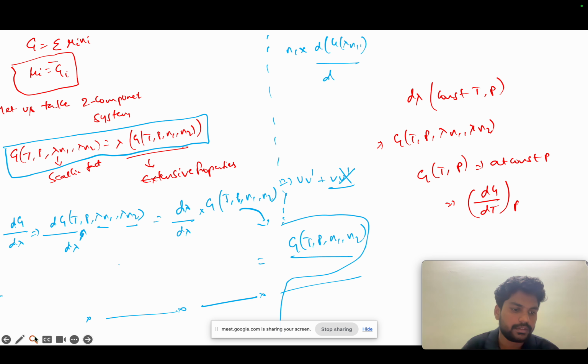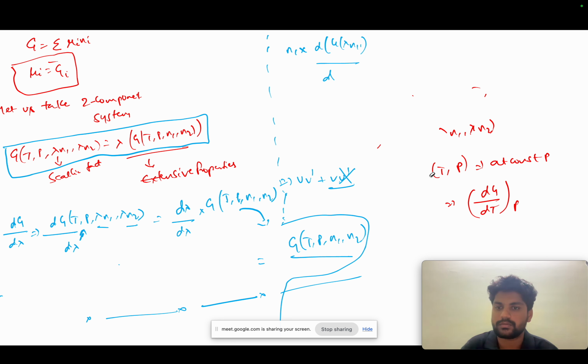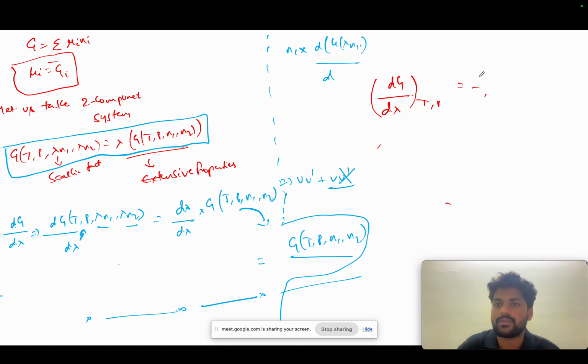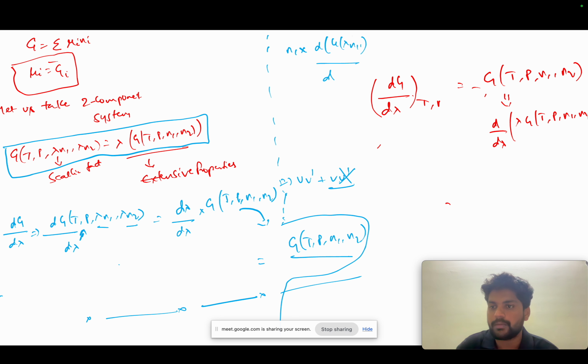In the same way, what I have written is dG by d lambda at constant temperature and pressure is equal to G of T comma P comma n1 comma n2, because this is obtained from d by d lambda of lambda into G of T comma P comma n1 comma n2.